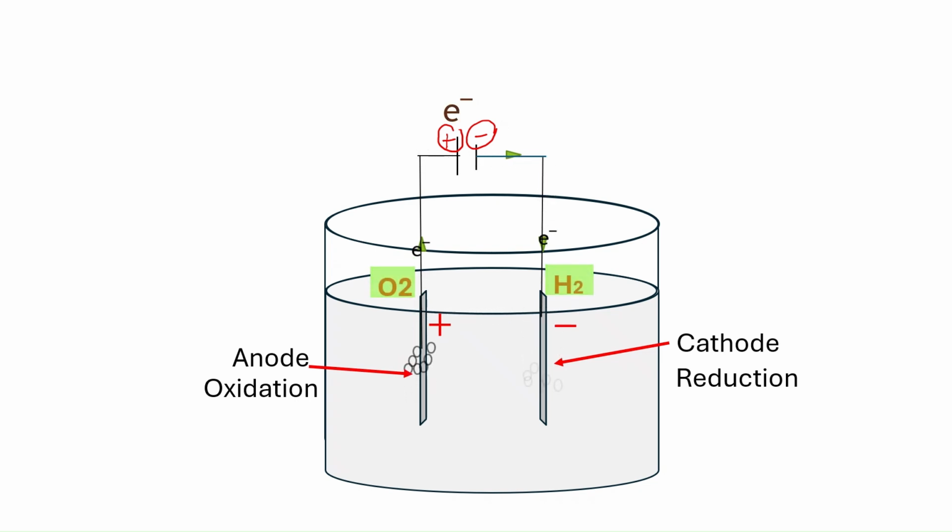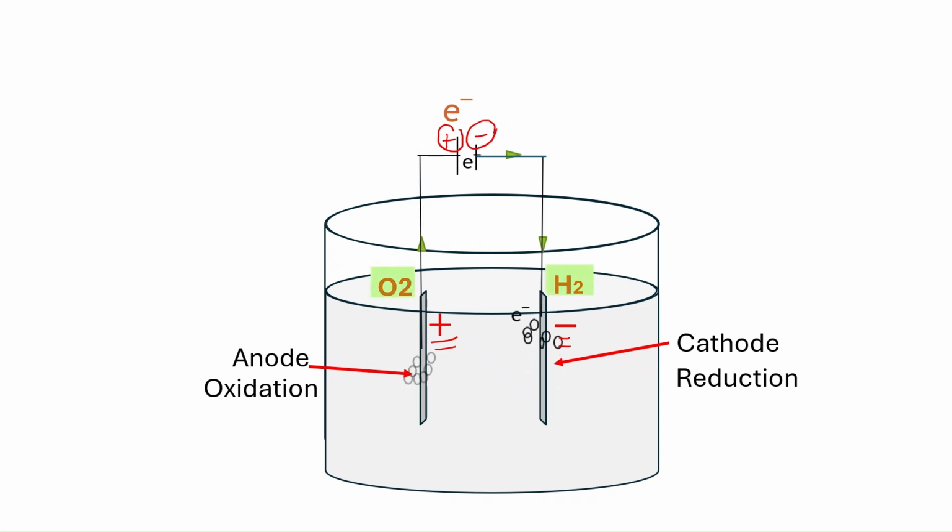The electrode connected to the negative terminal becomes the cathode, negatively charged, and the electrode connected to the positive terminal of the battery becomes the anode, that is positively charged. Here this is the anode and this is the cathode.